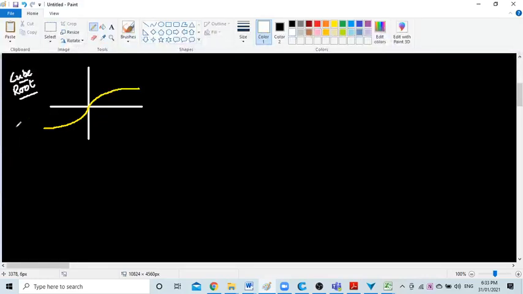So okay, let me put in the function first of all, that is y equals cube root of x. This can also be written as x to the power 1 by 3. Alright, and here y equals cube root of x. Fine. Here we have x, here we have y. Okay, now the next function is modulo.